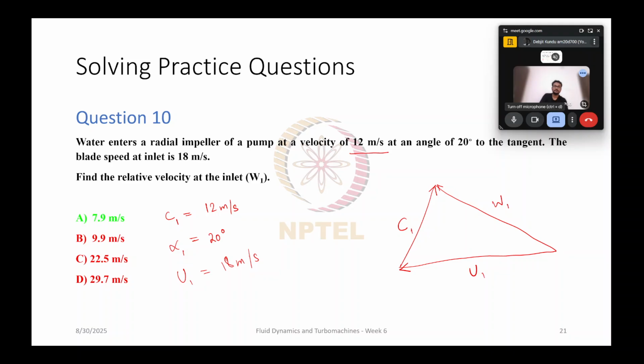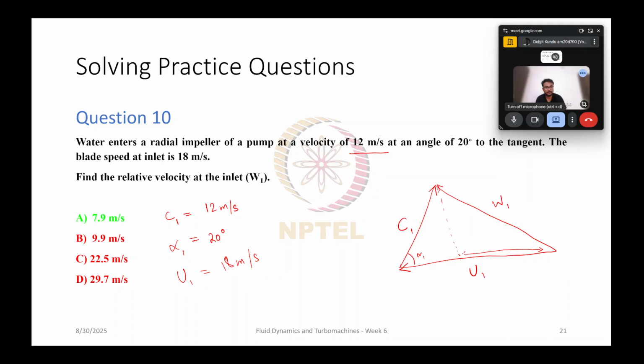These are all 1. And this angle, alpha 1, is 20 degrees. So we know these two numbers. This is the number that we have to find. So basically, you can drop a perpendicular here.